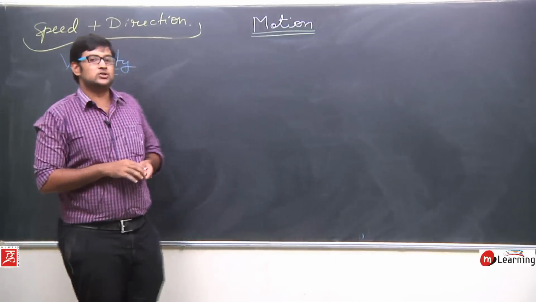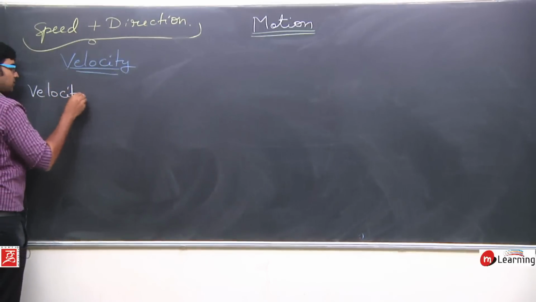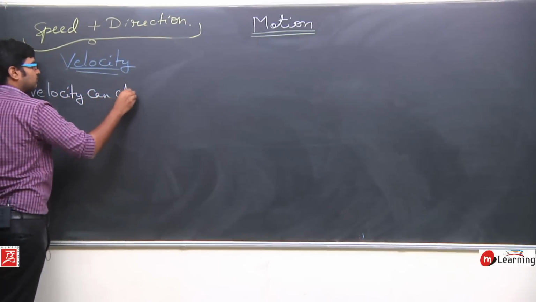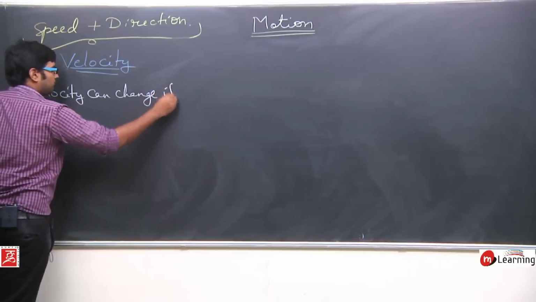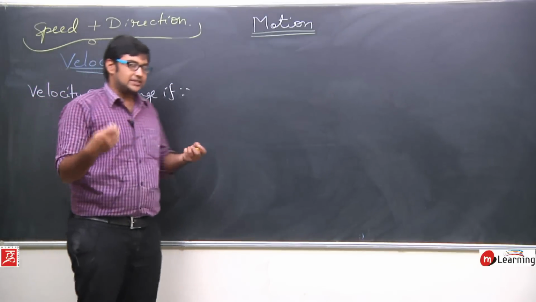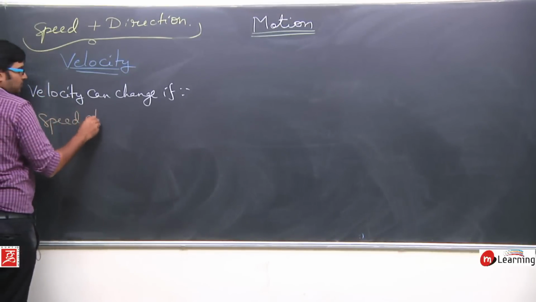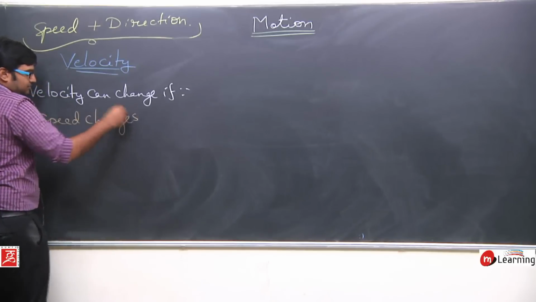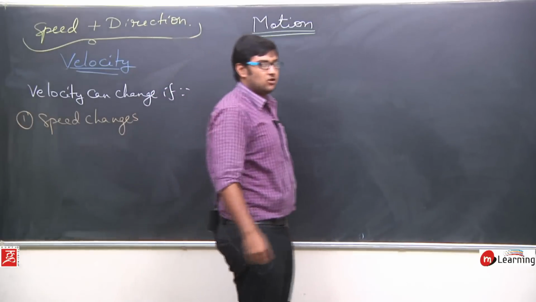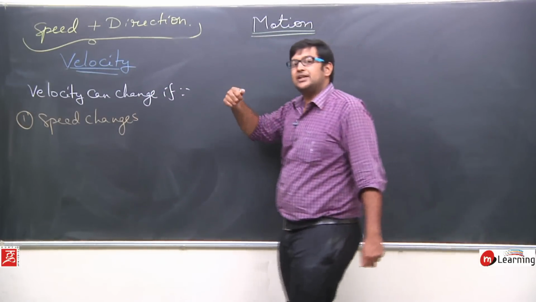Now some important points to remember about velocity: velocity can change. How can the velocity be changed? Velocity can be changed if speed changes. If some object is traveling with a constant speed and suddenly the speed changes, the velocity will automatically change.